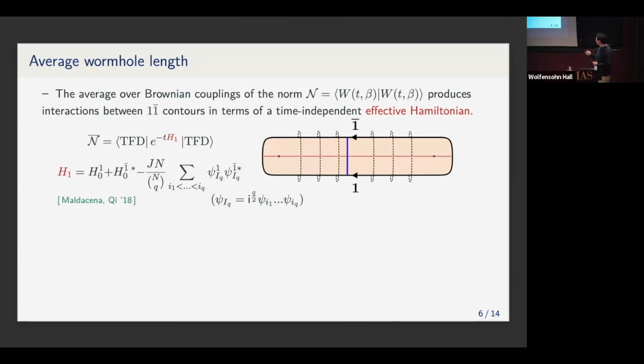And so for very large values of t, the only state which propagates over here is the ground state of the Maldacena-Qi Hamiltonian. And essentially, it boils down to the fact that the ground state of the Maldacena-Qi Hamiltonian is similar to a finite temperature thermofield double. I could show you how to derive this more explicitly, but that's essentially the main property we use.